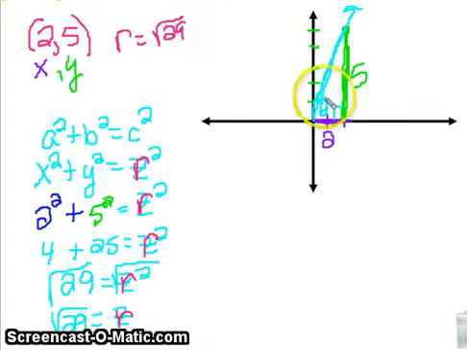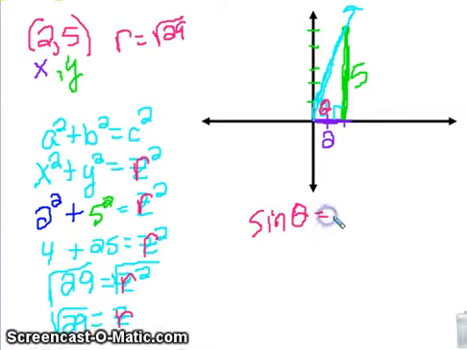So in order to find this angle down here, that's what we're looking for, we can do all three trig relationships and find out that they're always going to give us the same angle. Sine of theta is opposite over, come on guys, what's sine? Opposite over hypotenuse, or in this case, y over r.